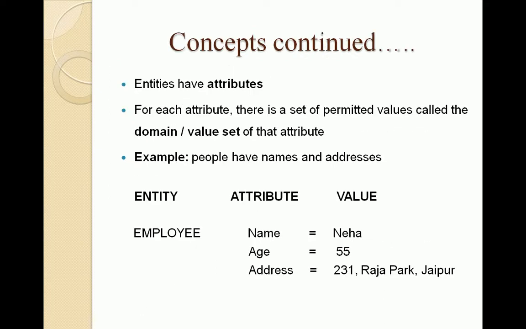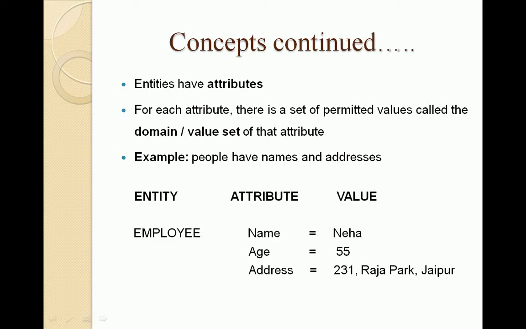Each entity has attributes associated with it. Attributes are basically properties associated with an entity. For each attribute, there is a set of permissible values called the domain or the value set of that attribute. Here you can see the entity is employee. You can have name, age, address, designation as the attributes of the entity employee, right?